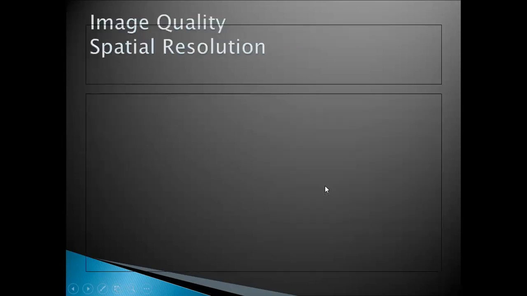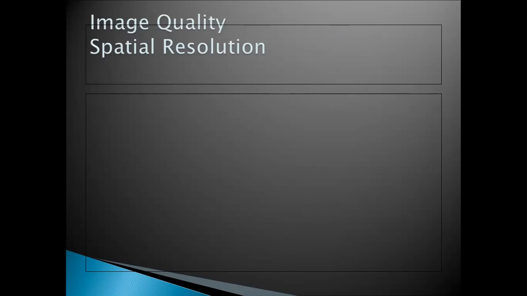So, image quality and spatial resolution. Of course, we continue to encounter spatial resolution as far as radiography is concerned. In all imaging modalities, spatial resolution is very key. It's an important parameter that we can't do without. We want to be able to see structures.